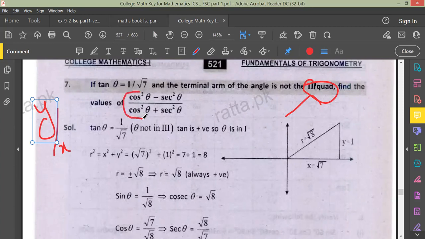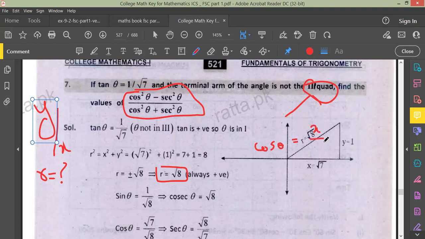We have to find the value of this expression. So y is given and x is given, we will find the value of r. So value of r, after applying Pythagoras, will be square root 8. So we will find cos theta is equal to x over r.